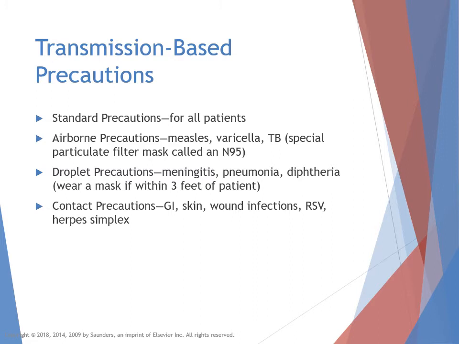So once again, box 17-1, you can see in closer detail. Make sure that you're able to see the big things as far as what are the special things we'd want to pay attention to, like our N95 masks, our droplet precaution rules, what patients we utilize standard precautions on.